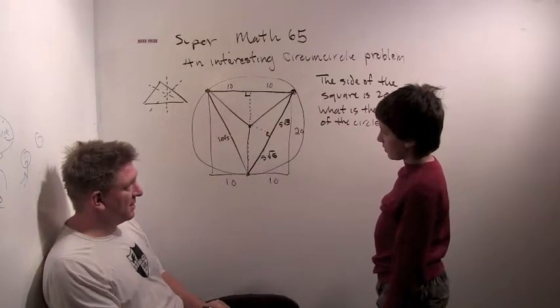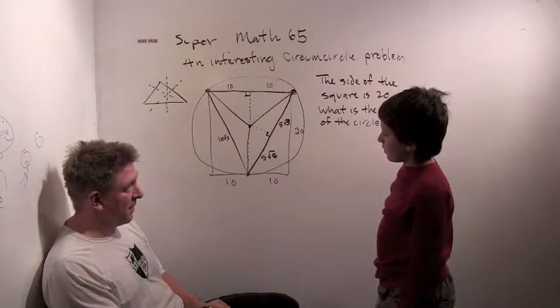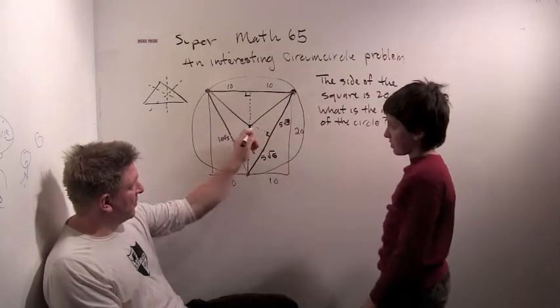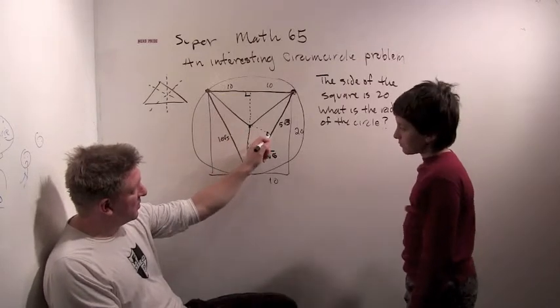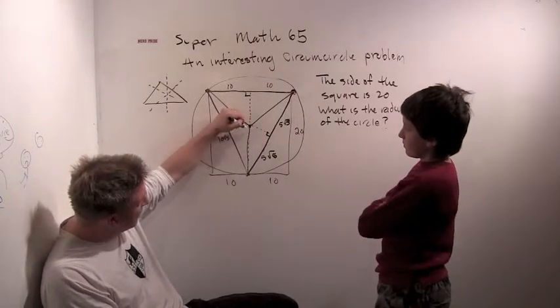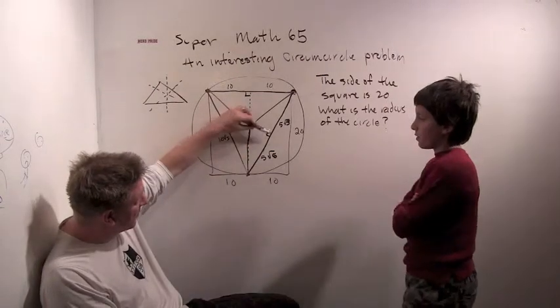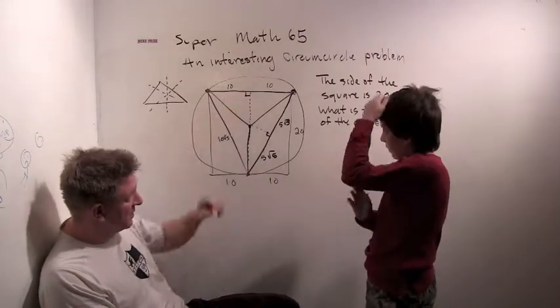Now we're to the part where we really got to think. If we can find what this part is, it looks like we'll be very close to being done, because if we can find what that is, we can find what this is, and that's the radius. So how do you think we're going to find what that is?